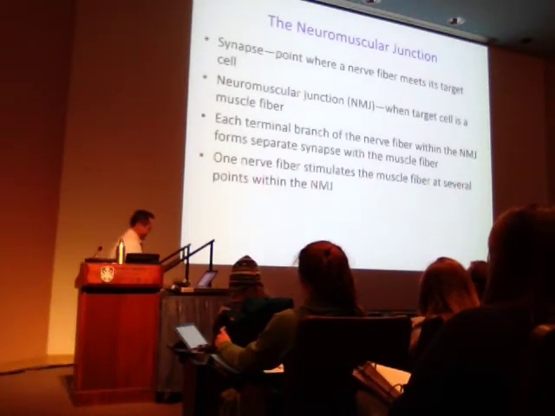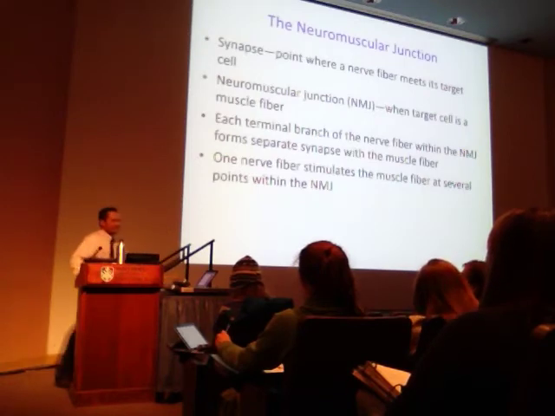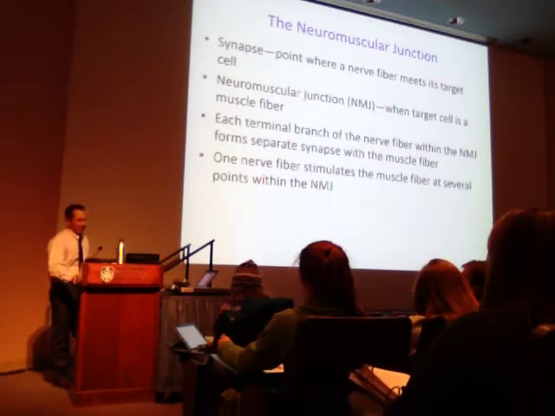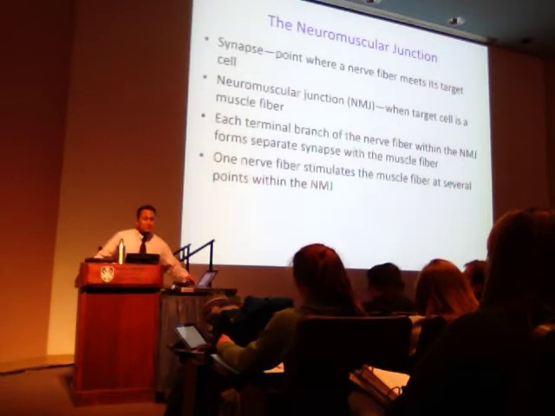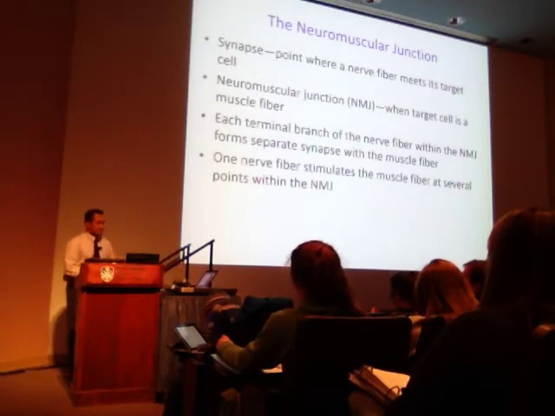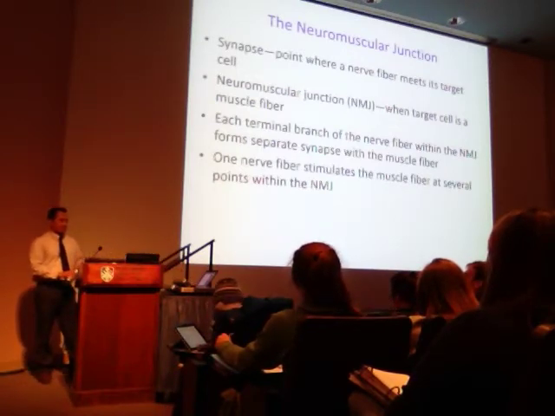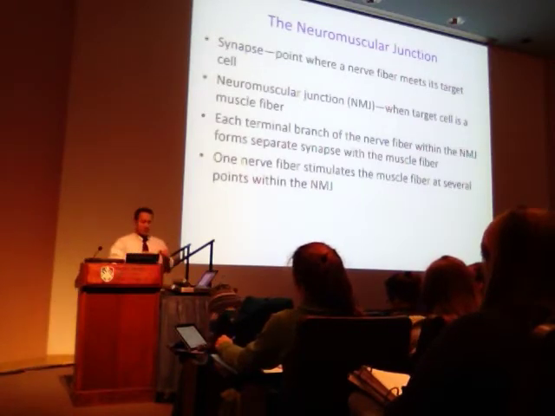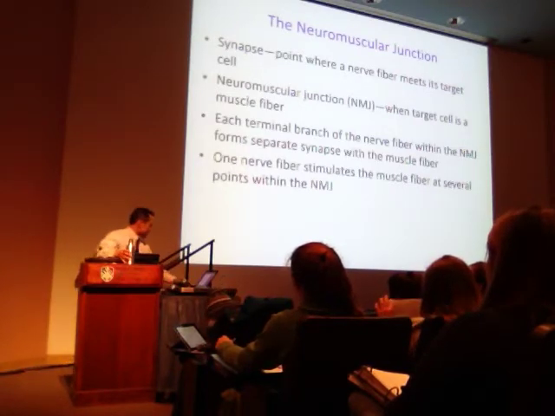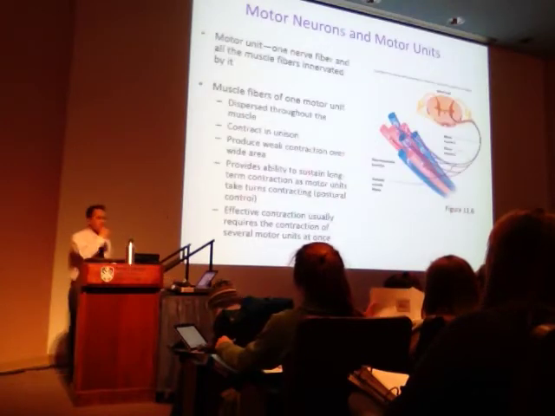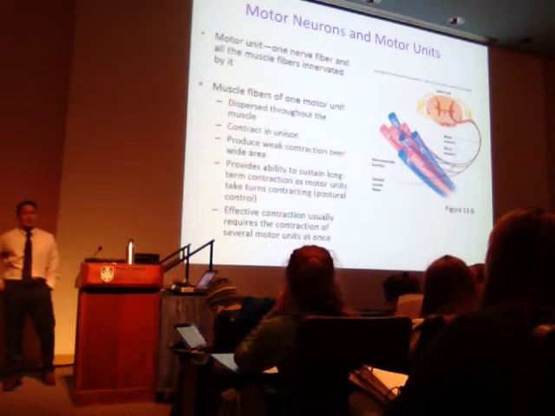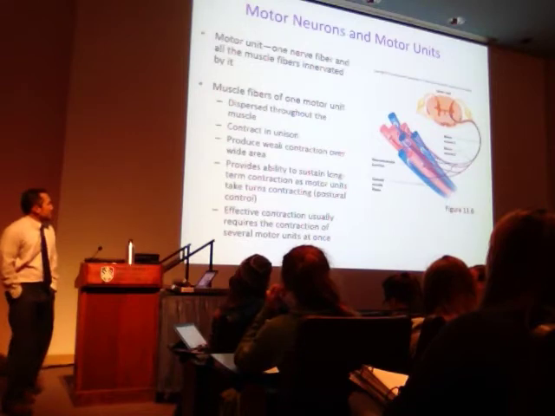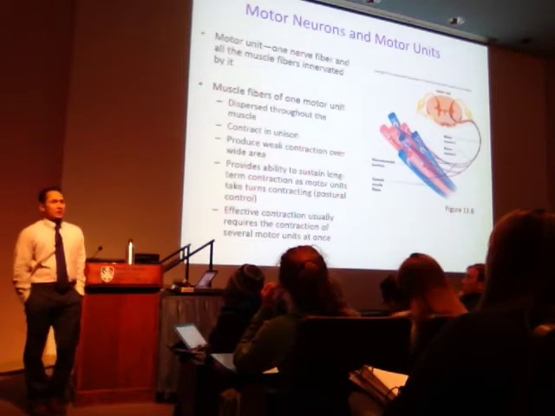Oh, you had a question. Sorry, I almost blew you off, but I didn't. So the question is, if you have a motor unit that gets damaged or severed or has trauma, is there another motor unit that could take over for it?